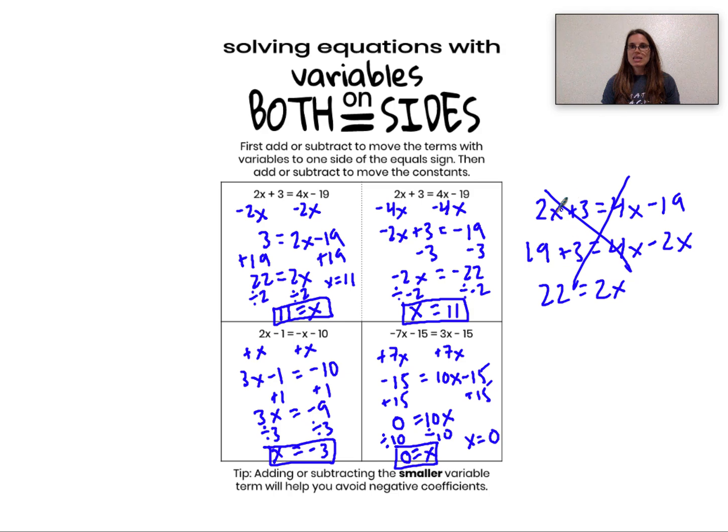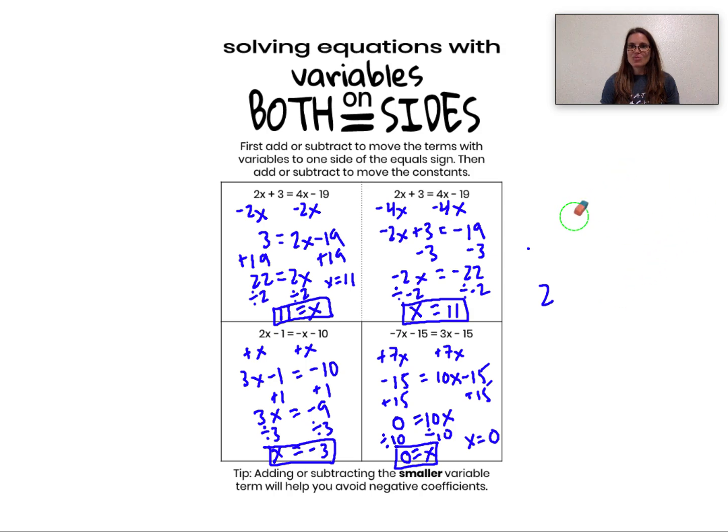So this technique or trick of moving the terms from one side to the other, not justifying why you're doing so, is not accepted. Again, you're erasing this habit from your brain, and you are solving using inverse operations. Whatever you do to one side of the equation, you do to the other.